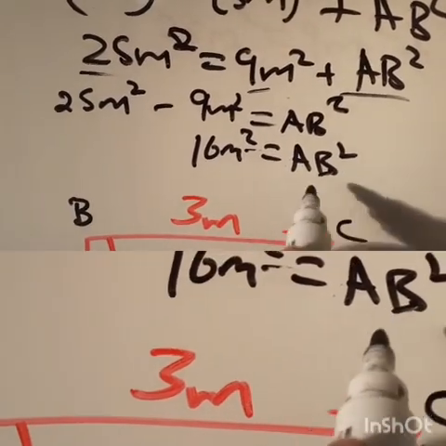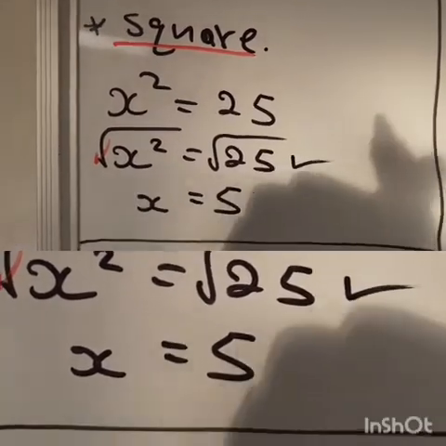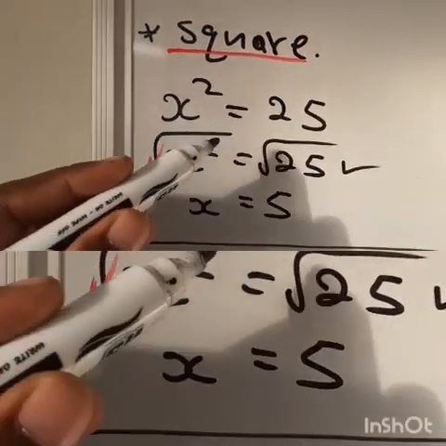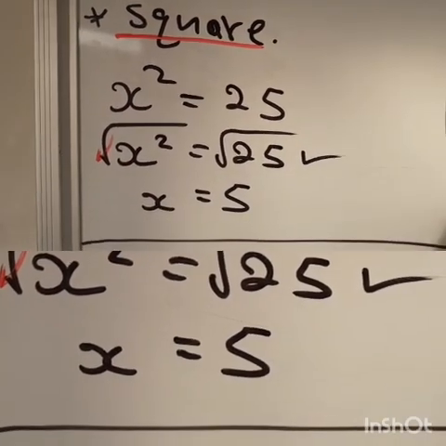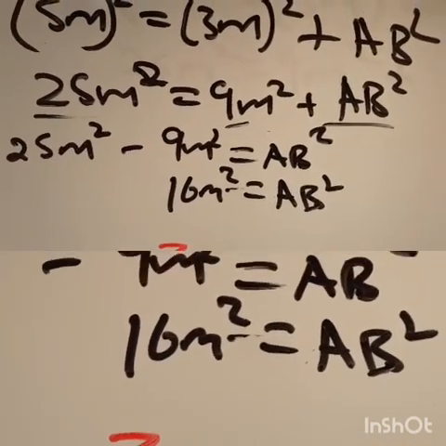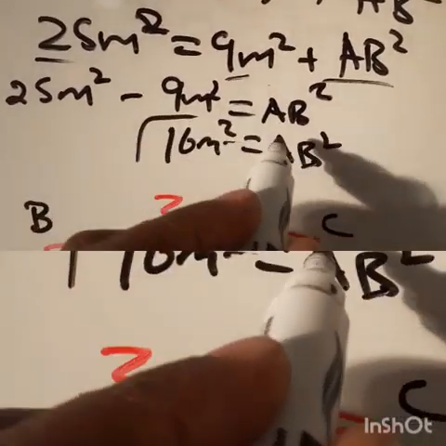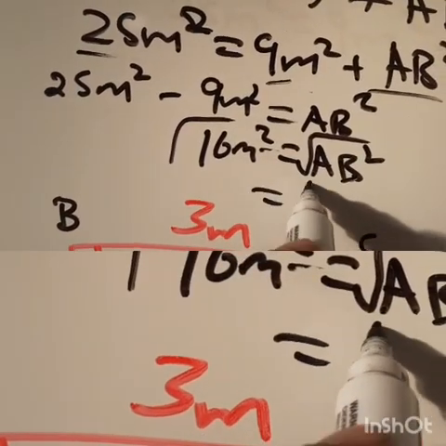Remember how to deal with squares? We go to the toolbox. Okay, here's our toolbox. In order to deal with the squares, to remove the square, you must put in the square roots. Okay, now back to our example. We need to take the square root of both sides. So here's my square rooting of both sides. Then I'll have my AB.